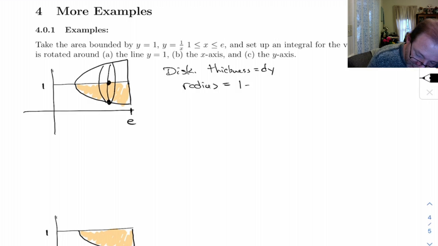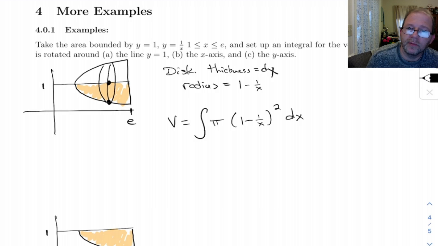So that's going to be 1 minus 1 over x. So the volume of this thing is going to be pi times the radius squared dx. I think I said dy up there, but the thickness is dx. And our x goes from 1 to e.